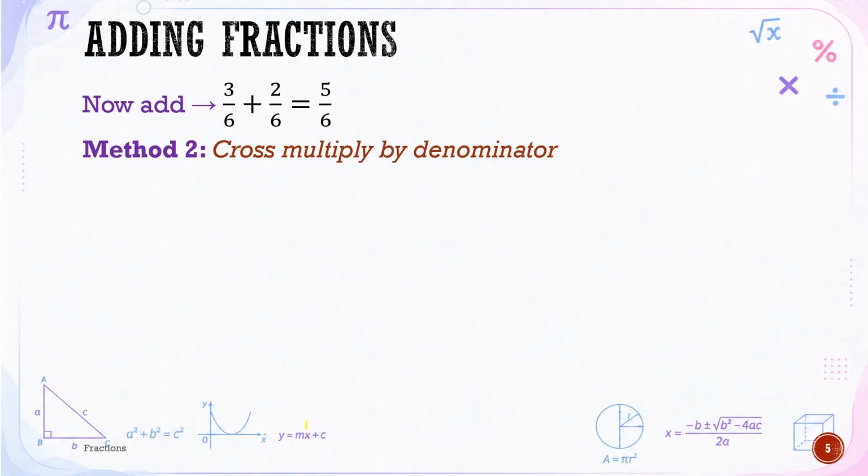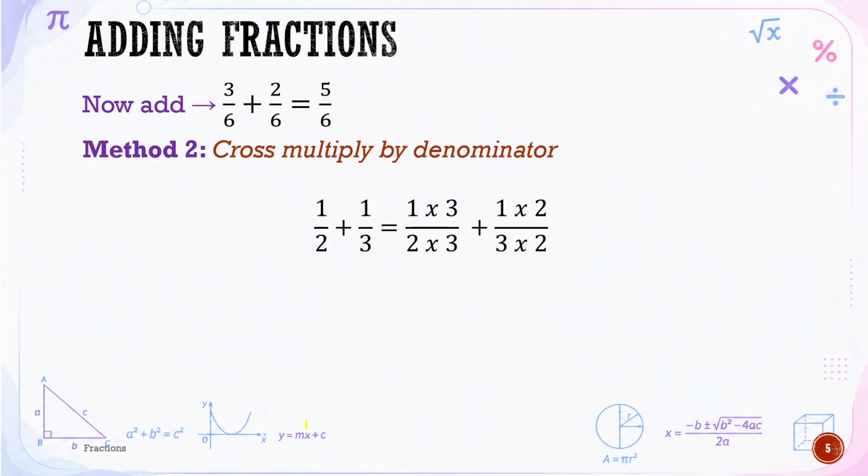Now the simple method, another one is by cross multiplication, right? I personally find cross multiplication by denominator as the easier one, but if you're able to identify an LCM of the denominators real quick, you can use even the LCM method. Now what to do in the cross multiplication method? So you have 1 by 2 plus 1 by 3.